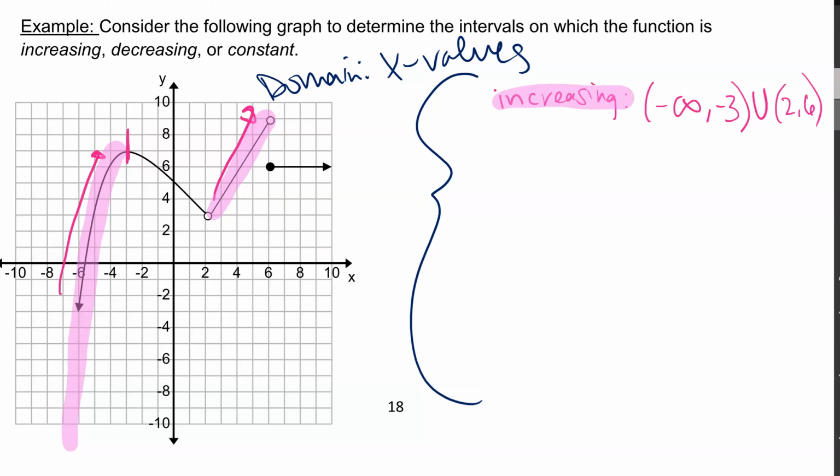Okay, now I want you to find the places where we are decreasing. All right, so we decrease from -3 to 2.